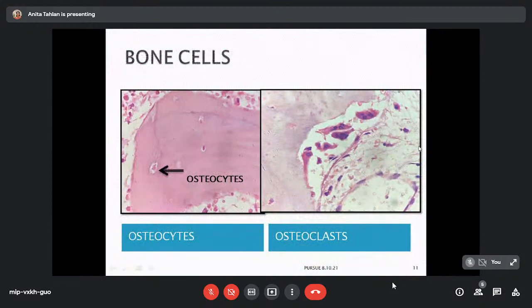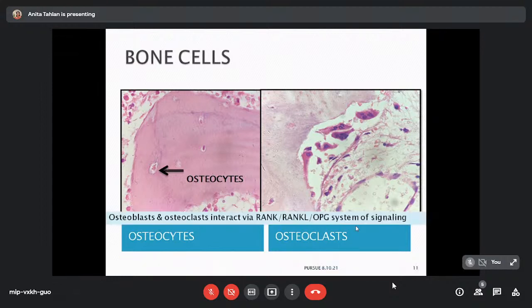The other cells we have are the osteoclastic cells. Osteoclastic cells are multinucleated giant cells derived from the stem cells in the marrow. They communicate with the osteoblast via the RANK system, which we shall talk about later. This RANKL and OPG system of signaling is the one which helps the osteoblast and osteoclast to interact.